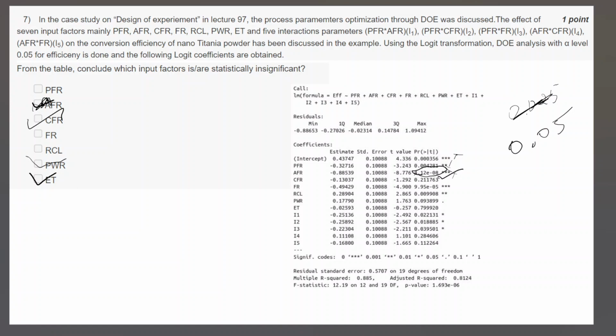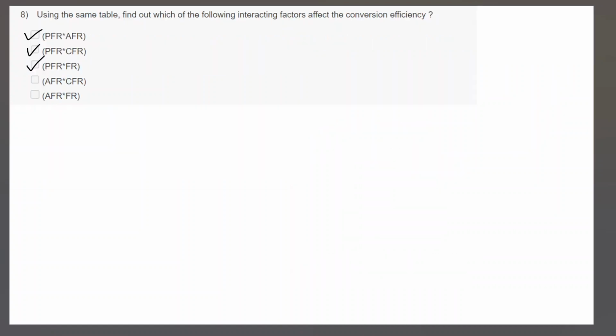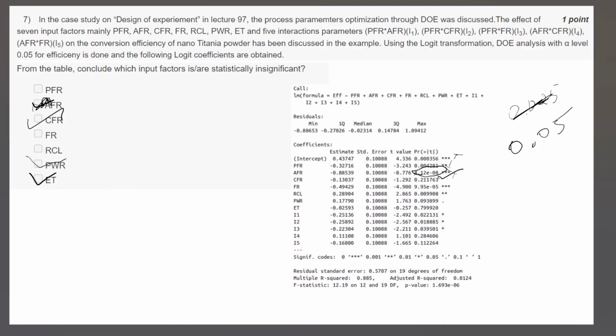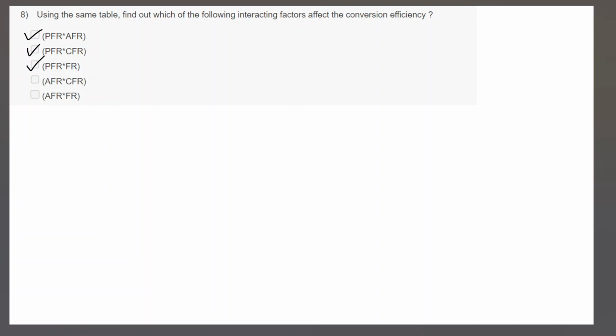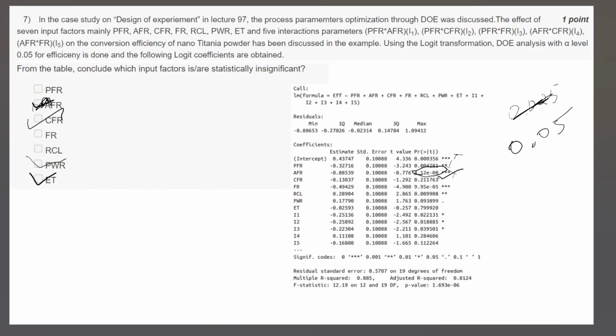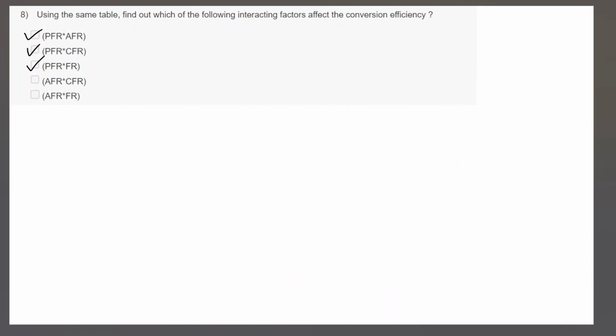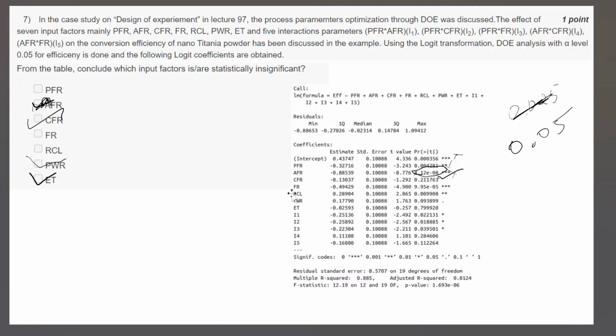I1, I2, I3, I4, and I5, given in the order PFR, CFR, AFR and so on. Now we have to find them out.